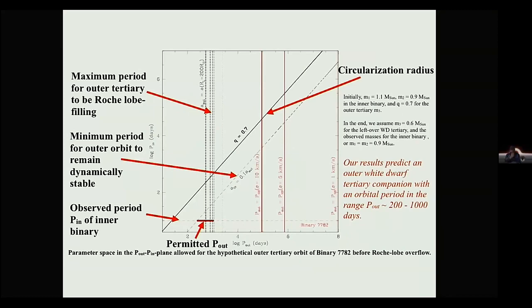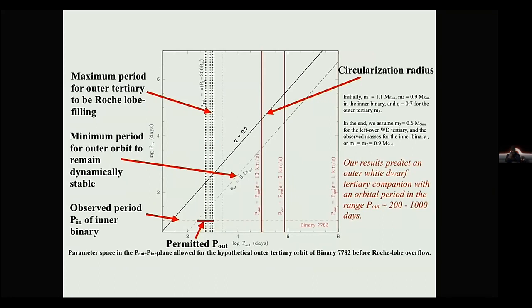What you can do with this kind of system is actually kind of fun. This shows the parameter space in the initial P_out, P_in plane, where P_out is the period of the outer orbit of the triple, and P_in is the period of the inner orbit of the triple. This is the parameter space allowed for the hypothetical outer tertiary before Roche lobe overflow, assuming conservative mass transfer.